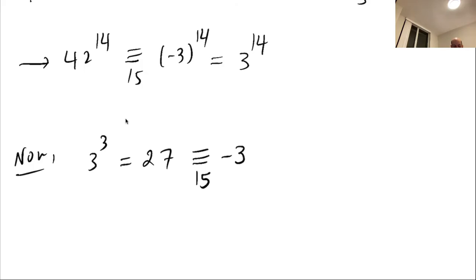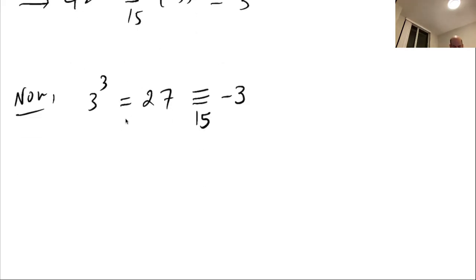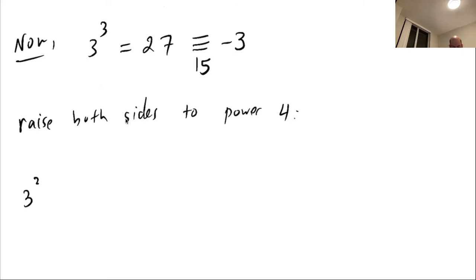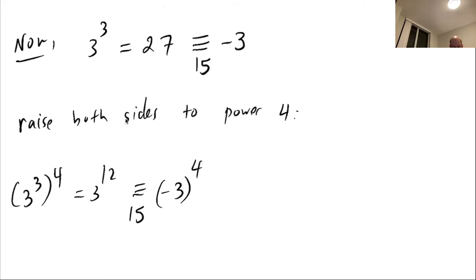So let me raise both sides to power 4. Then we get 3 to power 3 to power 4, which is 3 to power 12, congruent to minus 3 to power 4. I'm raising to power 4 mod 15.